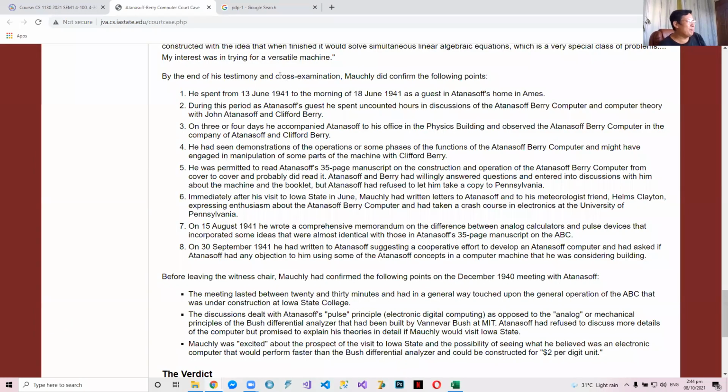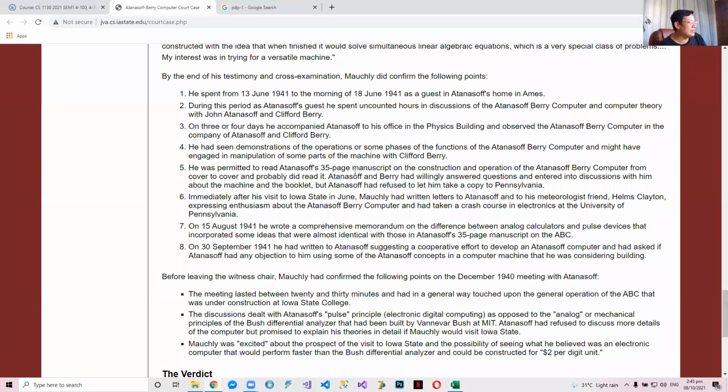Here's the whole story. Mauchly went to visit John Vincent Atanasoff's home in Ames, Iowa, on June 13. And the design of the Atanasoff Berry computer was presented to him by John Vincent Atanasoff and Clifford Berry. He spent 3 to 4 days there. The operation of the ABC computer was fully demonstrated to him by Atanasoff and Berry.